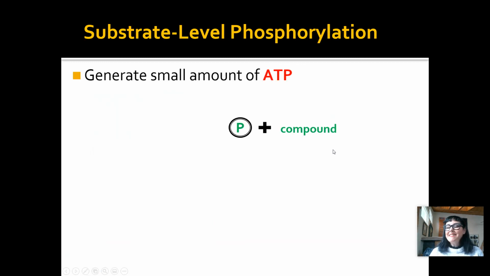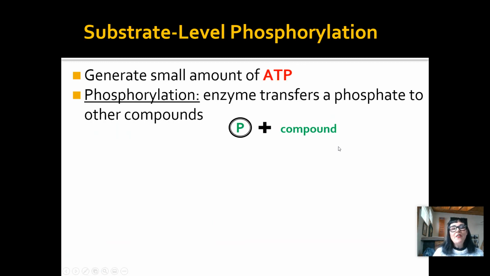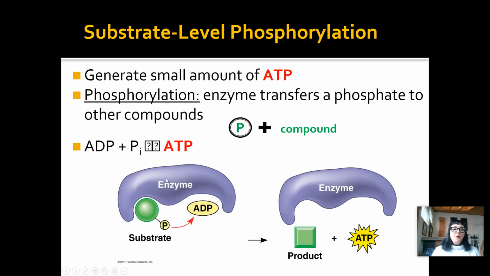So what is the substrate level phosphorylation that I've been talking about? Well, basically, we have an enzyme here, and here's our substrate, right? So our substrate would be basically ADP. And so what's going to happen is we want to add this phosphate to ADP.